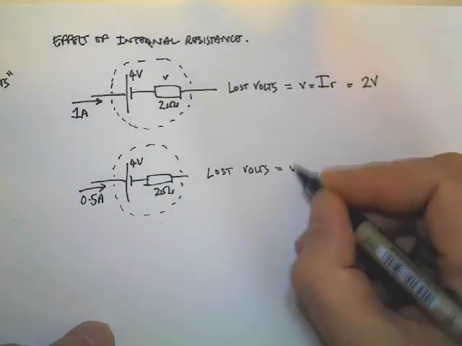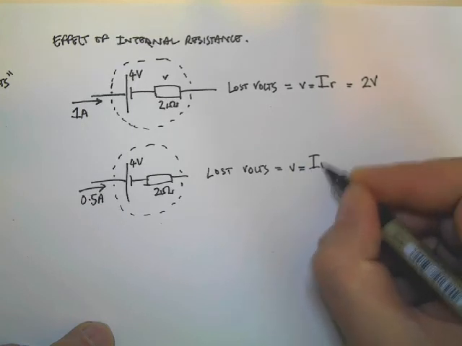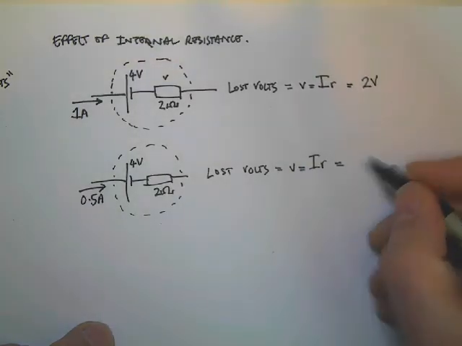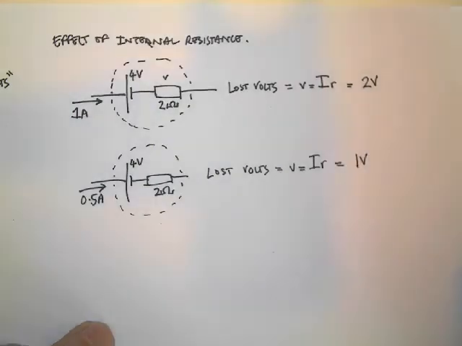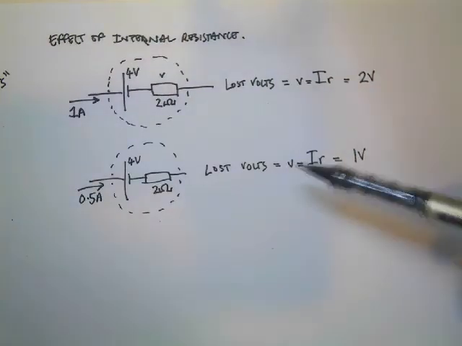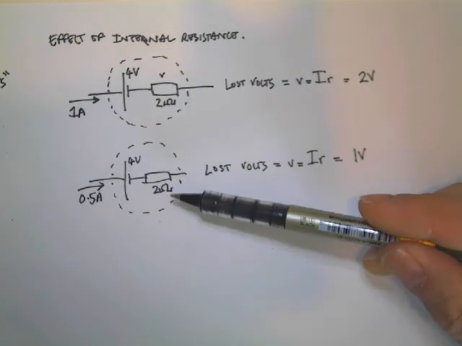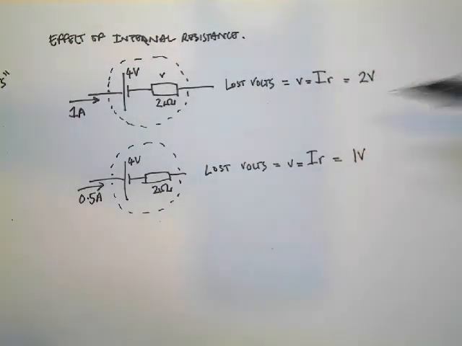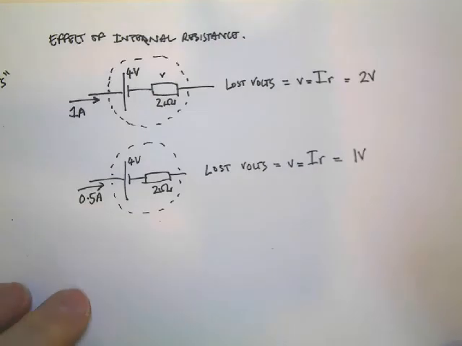Well, you probably can see lost volts, V equals IR, that's going to be 0.5 times 2, 1 volt. So the number of volts that are lost due to the internal resistance really does depend on the current in that circuit. It depends on the type of circuit that cell is used in, and this becomes important later on.